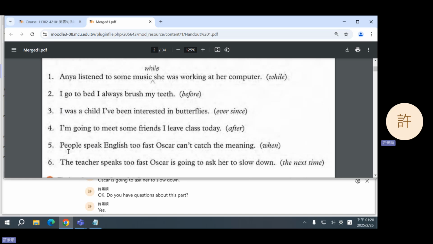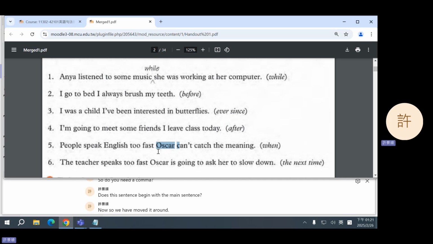Is there a comma in number 5? So we know that it begins with when, right? And the main sentence begins here. So do you need a comma? Does this sentence begin with the main sentence? No, so we have moved it around.